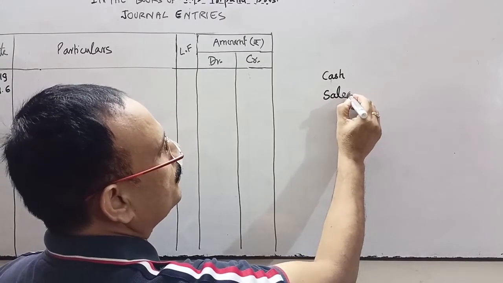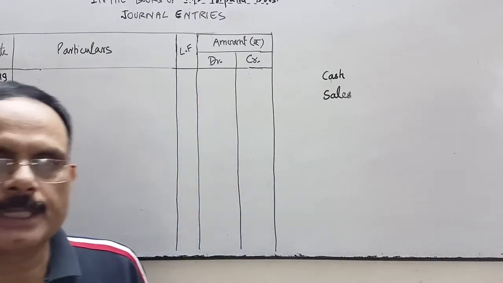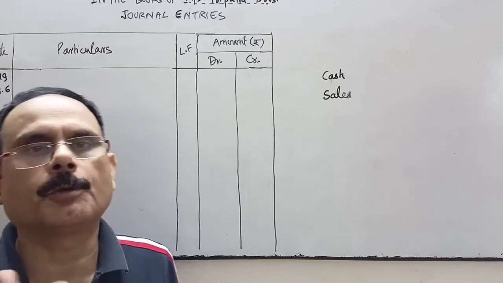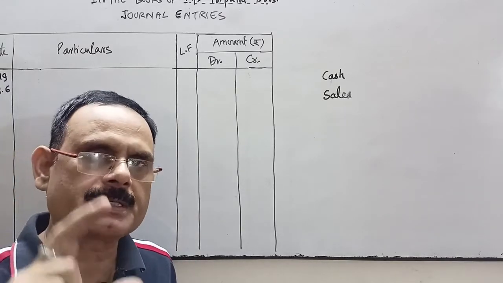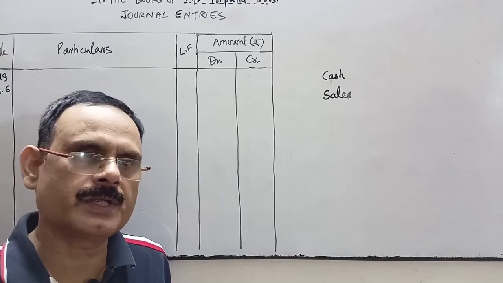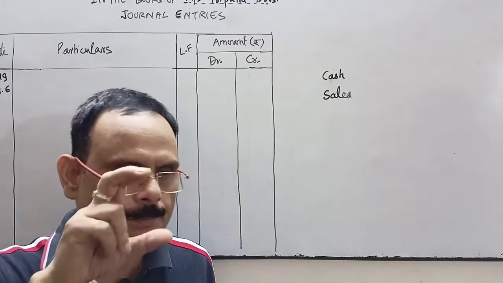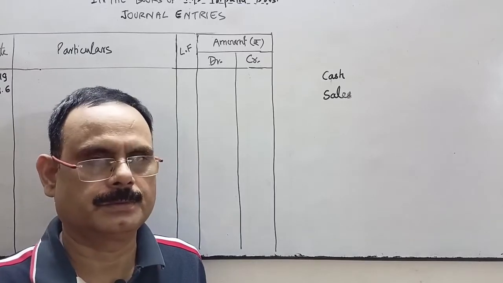When goods are sold we open the sales account, and when goods are purchased we open the purchase account. What does it mean, goods in which the business deals? When goods are purchased for the purpose of selling again, that is goods.